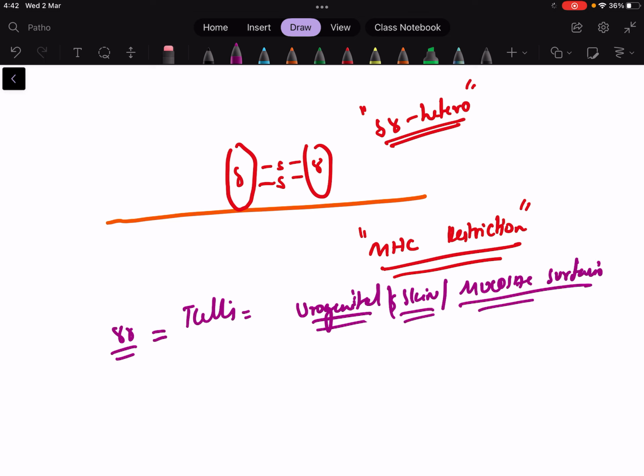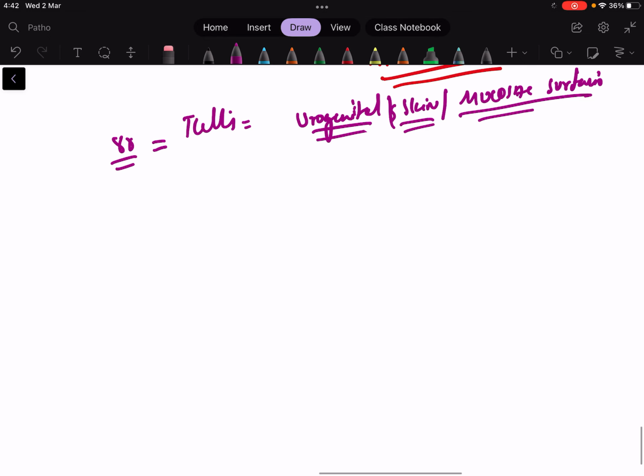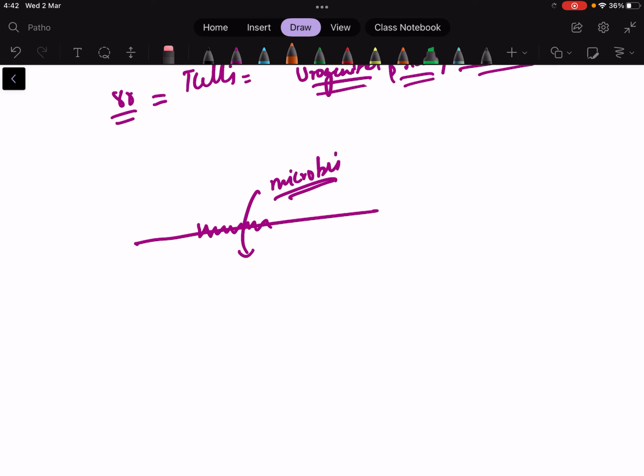Suppose this is your skin, and one day you are running and you fall down, the skin will get damaged, then the microbes will enter. Now in order to kill these microbes effectively, if there is MHC restriction, T cells will not react with anyone except MHC receptors, right?